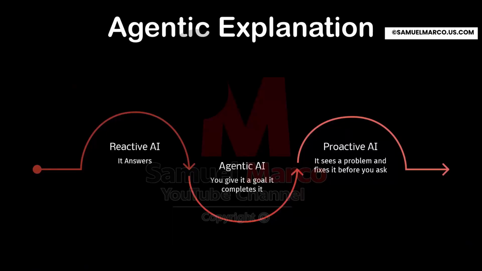Maybe you were doing what I was doing, taking a picture of my dog's ear to see if it had an infection, dropping it in ChatGPT and saying, what's wrong with my poor dog? It would say, take him to the vet, he needs help. So it was taking a goal and completing it. But now, guys, we're over here in proactive AI. It sees a problem and it fixes it before you ask.